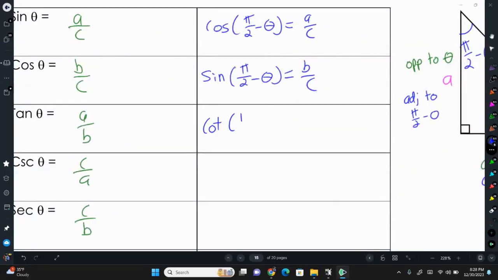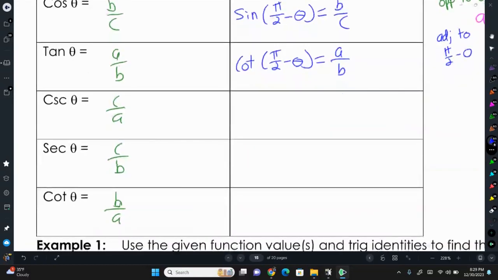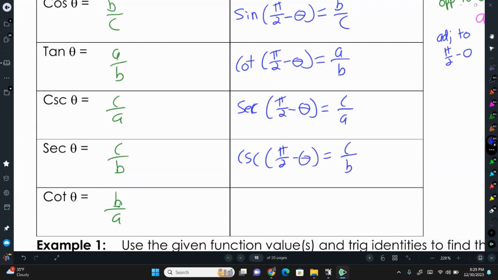So the cotangent is the same as the tangent. And then the cosecant is going to be the same thing as the secant of the other angle, C over A. Then the cosecant of that blue angle is going to be the same as the secant of the green one.